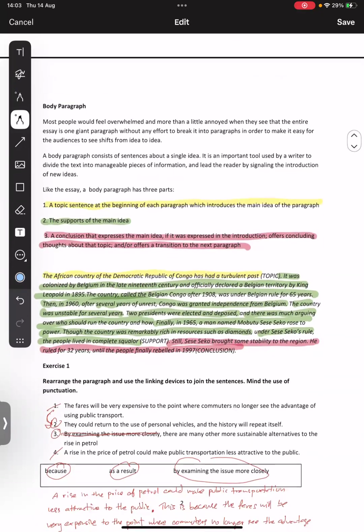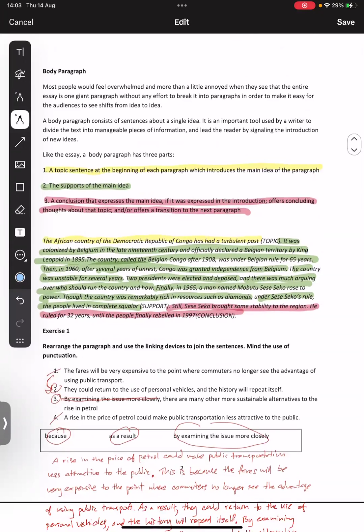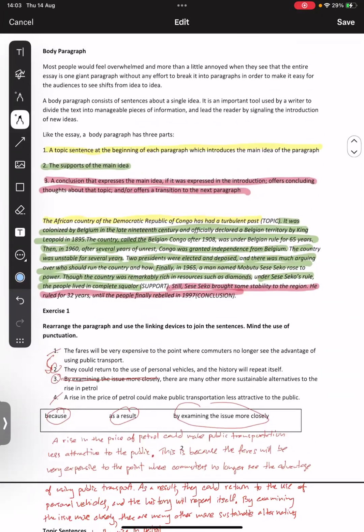Okay, looking at the list here. A body paragraph has three parts: topic sentence, supports, and conclusion. Conclusions may or may not be needed. It depends on the situation.